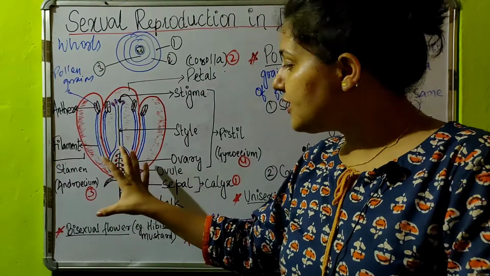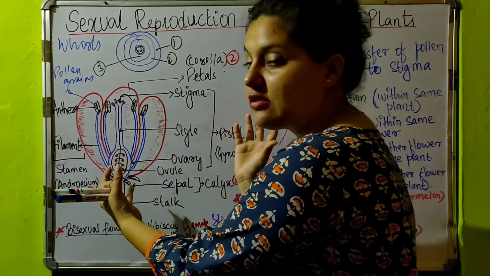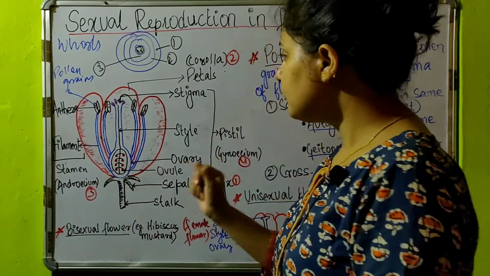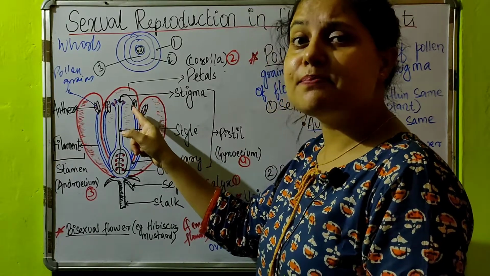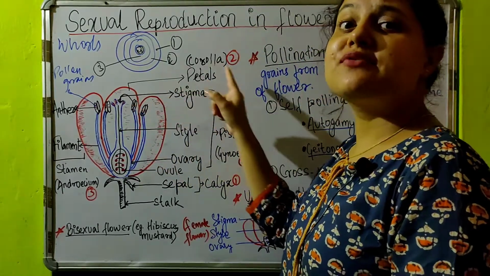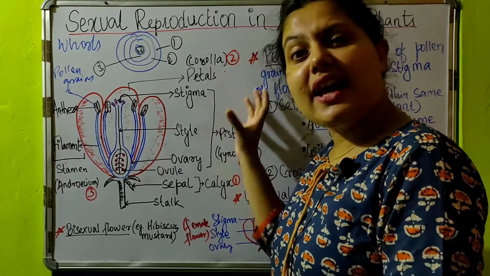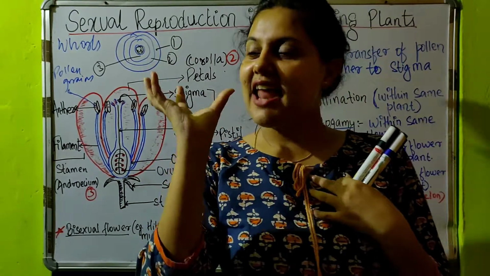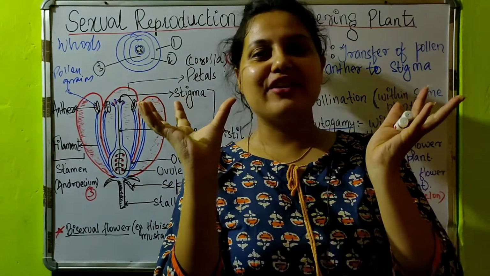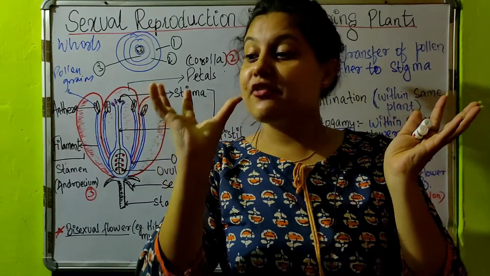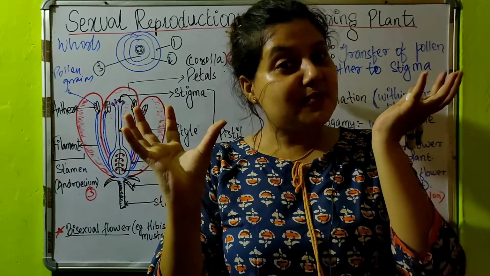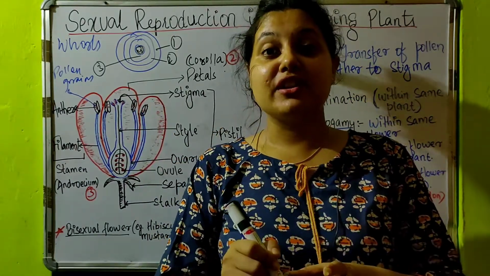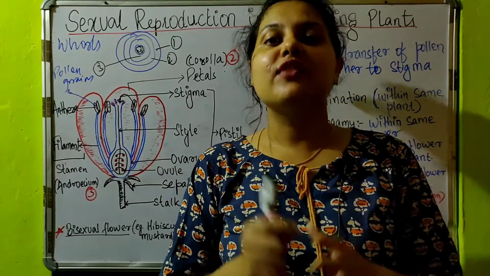But if another flower is also there on the same plant, and the pollen grain from this flower is transferred to the stigma of another flower within the same plant, for example, I am a plant and I have one flower here and another flower here, then that process is known as geitonogamy. Self-pollination but within different flowers of the same plant.